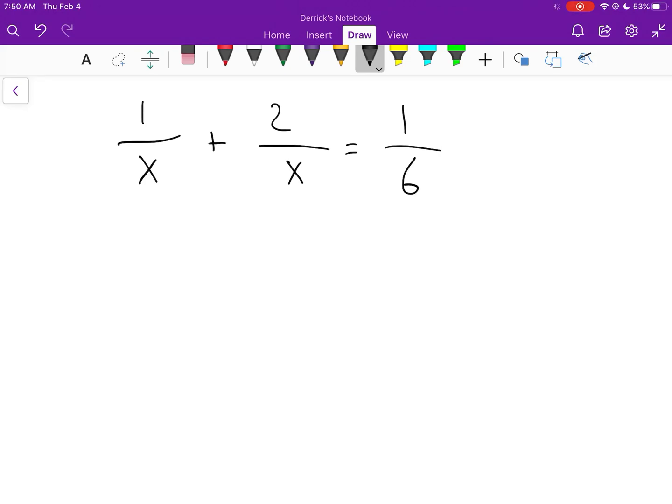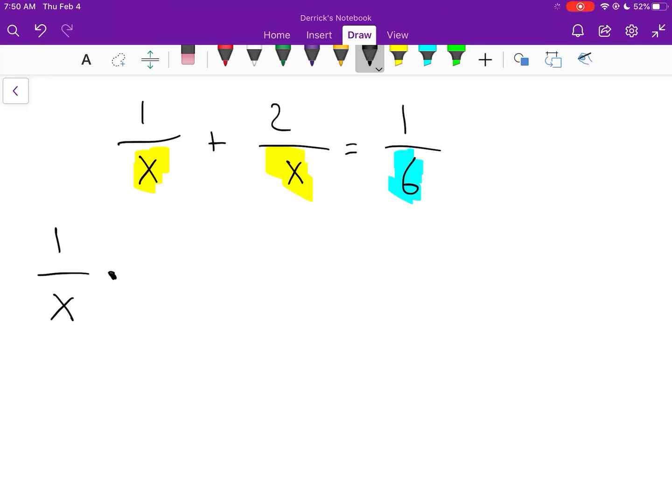So when I look here, I see that I have two fractions with denominators of x, and one fraction with a denominator of 6. To my eyes, a common denominator for this would be to get every single fraction to 6x in the denominator. If I look at 1 over x, we know we can multiply by stuff to change our denominator.